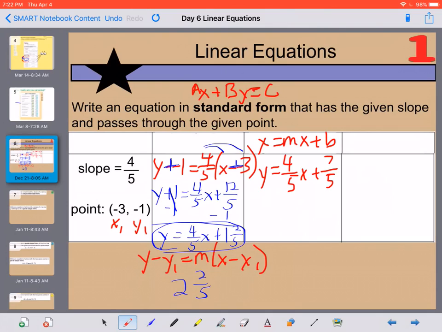How we get this to standard form is we have to move the x. So we're going to subtract the 4/5 x from both sides. And then finally, standard form will look like -4/5 x plus y equals 7/5.